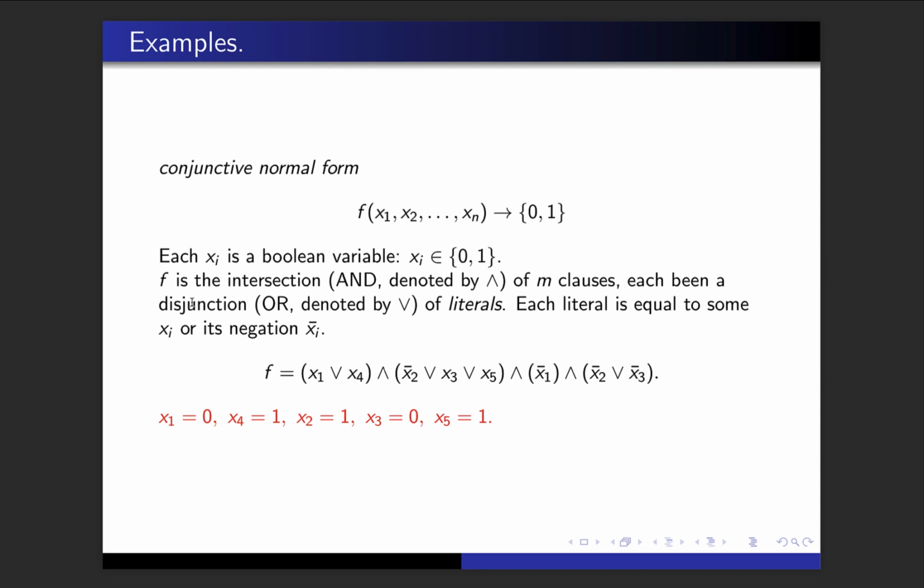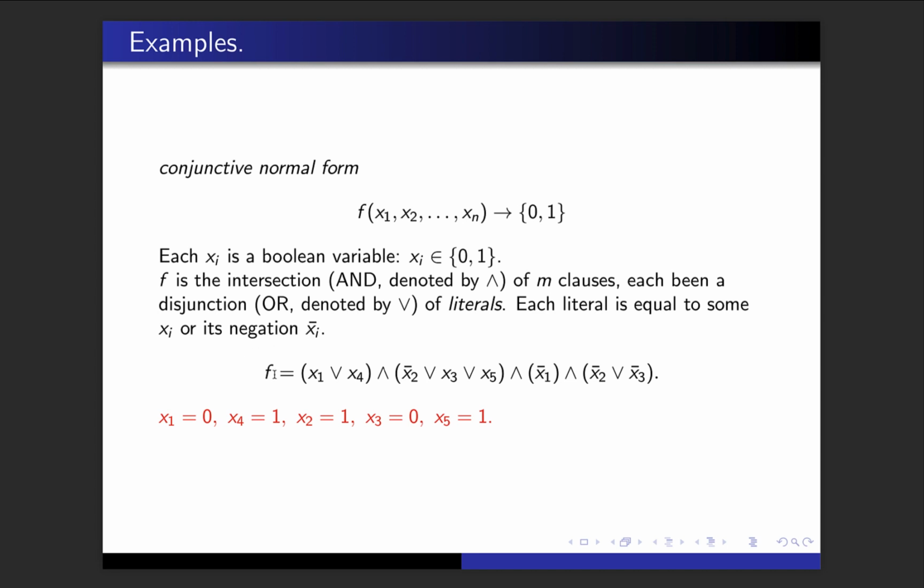Disjunction means OR, and a literal is either the variable xi or the negation of the variable xi. To abbreviate all this vocabulary, we use a bar on top of the variable to refer to the literal negation of xi. Here is an example of a formula in CNF form.